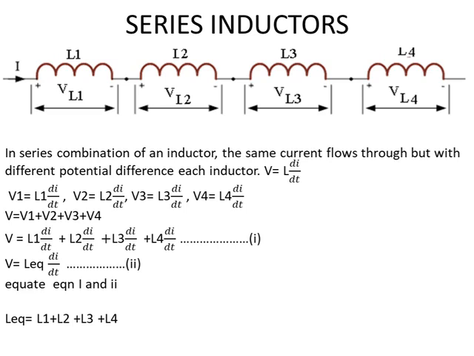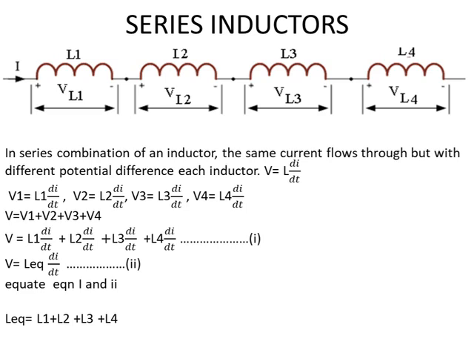You do that for the second one, the third one, and the fourth one. By the time you have each of the voltages, the total potential difference across the circuit will be the addition of the four of them.